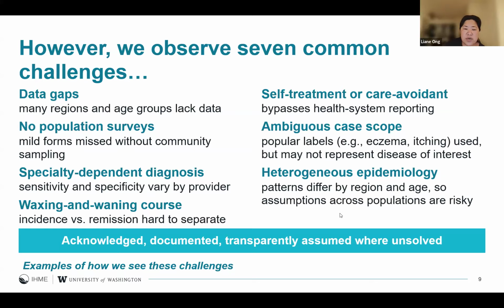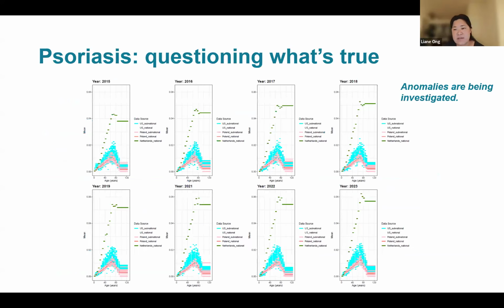So I want to show an example of how that can manifest itself when we look at the data. Here are estimates of psoriasis from 3 insurance claim sources across the world in the United States, Poland, and the Netherlands. Each panel is a different year. The x-axis is age and the y-axis is prevalence.